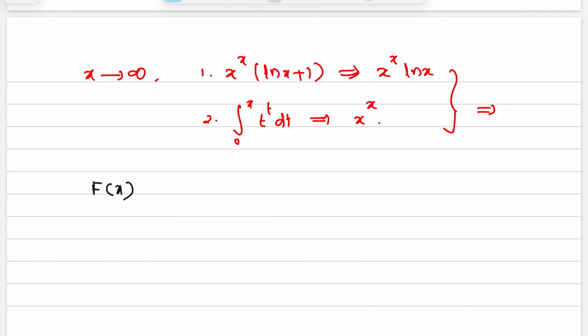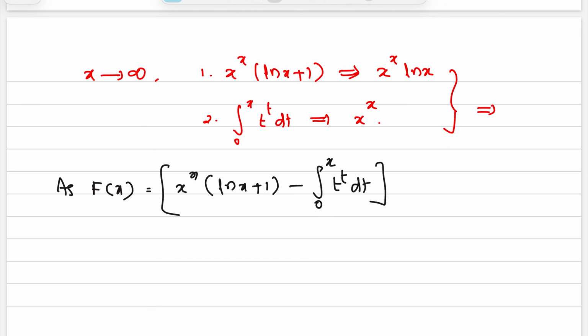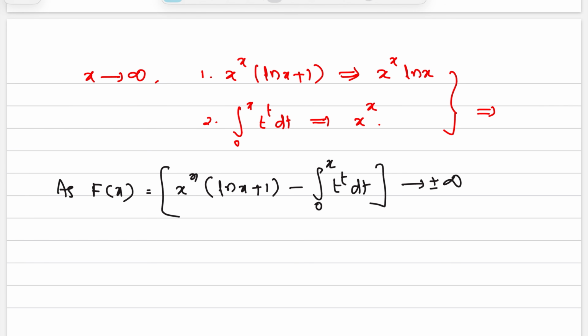As f(x) is equal to x to the power of x into ln x plus 1 minus the integral 0 to x of t to the power of t dt, this whole value tends to infinity, plus or minus infinity depending upon the sign.